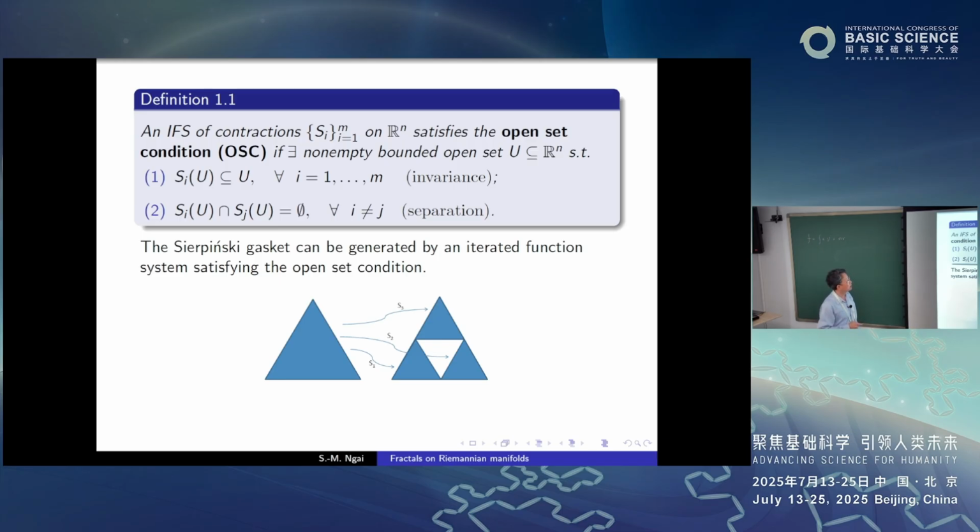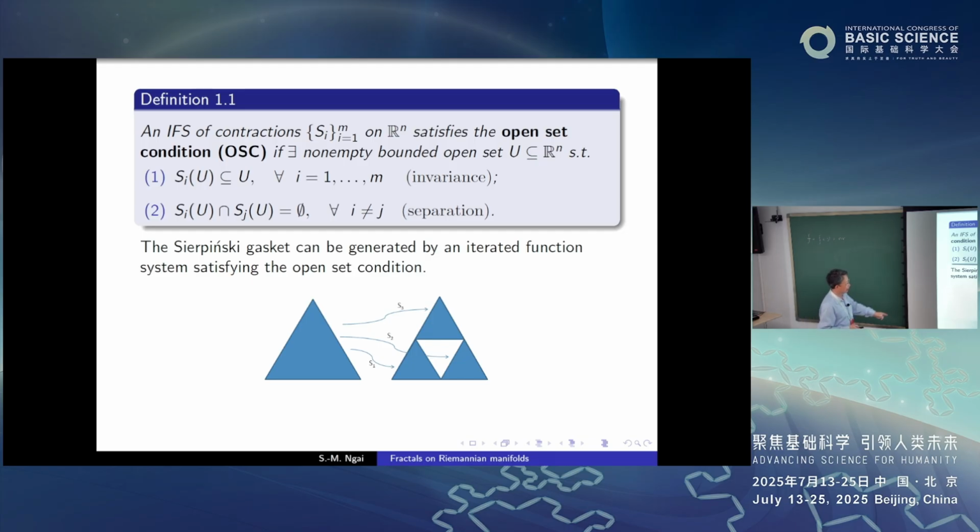It's important because if the Si are similarities, then by a theorem of Hutchinson, if the open set condition is satisfied, the Hausdorff dimension of the self-similar set can be computed by a simple formula. So the Sierpinski gasket is generated by an iterated function system that satisfies the open set condition.